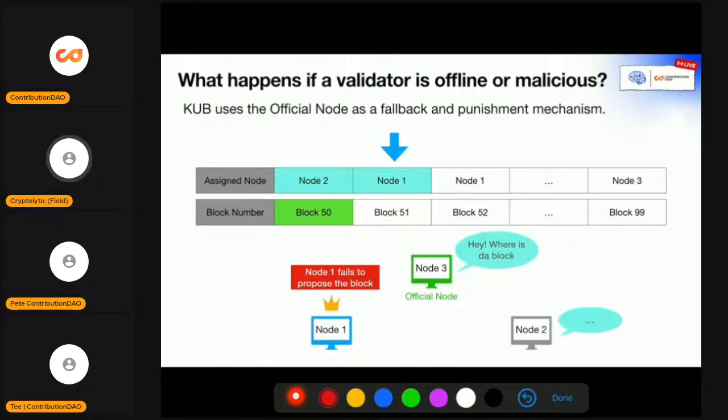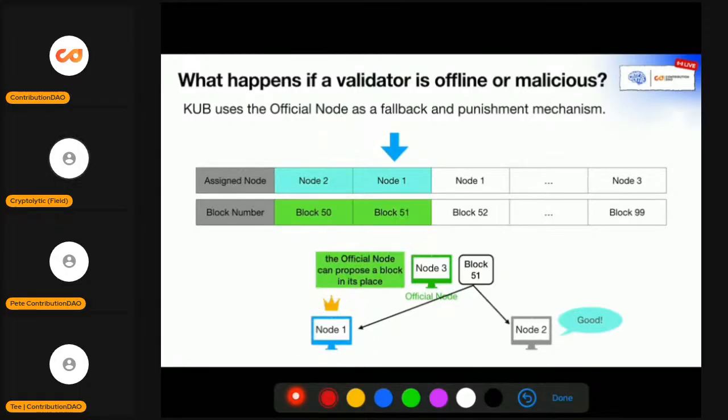Normally you only have to wait 5 seconds. In this case, maybe you have to wait 10 or 20 seconds. We don't know when node 1 is going to come back. So to solve this, you have the official node, which will kick in and propose block 51 in place of node 1.